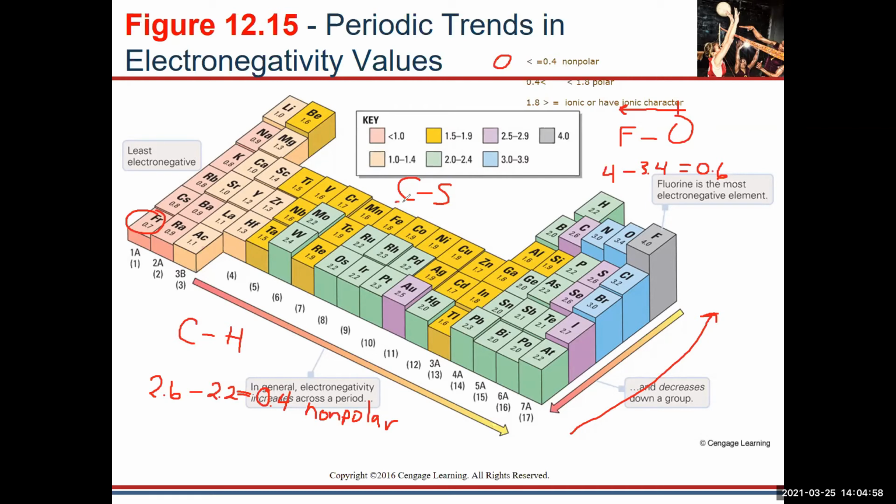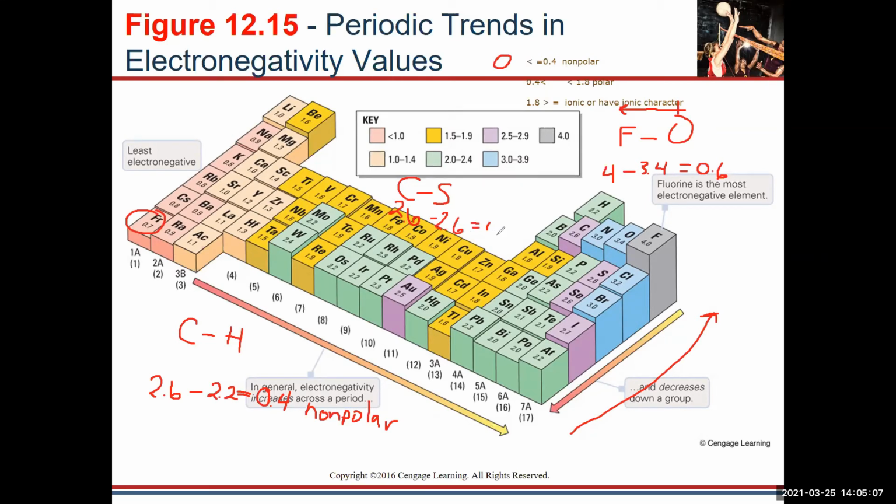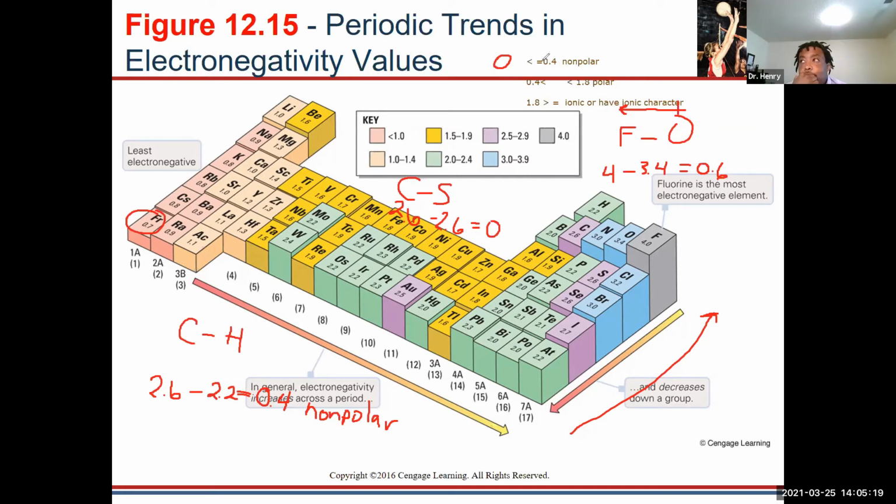Carbon is 2.6. Sulfur is 2.6. The difference is 0. What would that be? Nonpolar, because it's less than or equal to 0.4. 0 is less than 0.4. Is that right? Yeah. Okay.